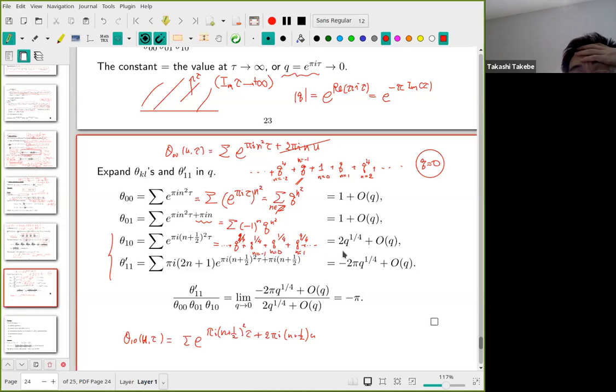So the leading terms are this. And for this, the idea is the same. Just we have to differentiate this series by u and then put u to 0.